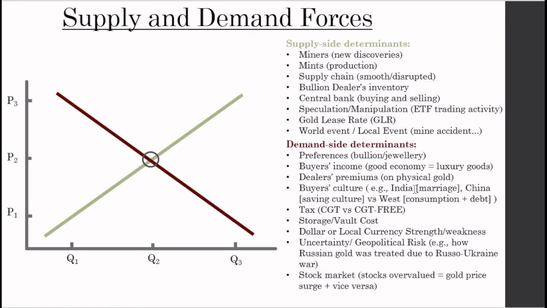Okay. Then after that, I've got world events or local events. What I mean by that is, let's say there was a mining accident, so that's going to affect both the supply and demand. Because of that accident, A, there will be less supply of gold.